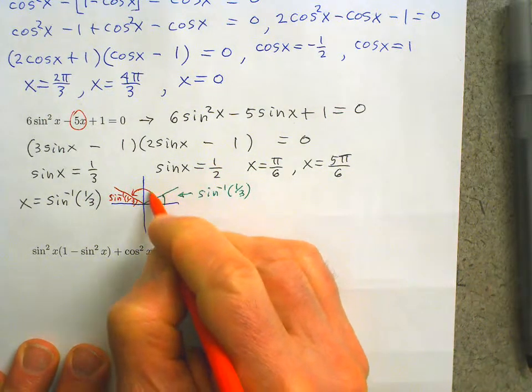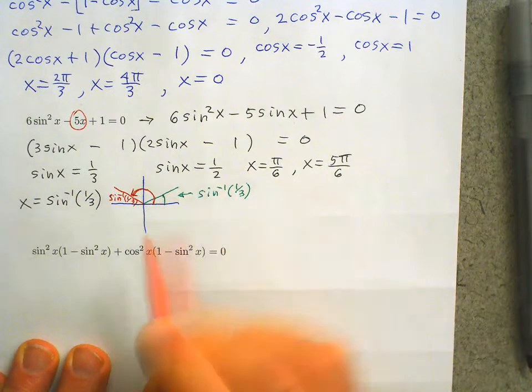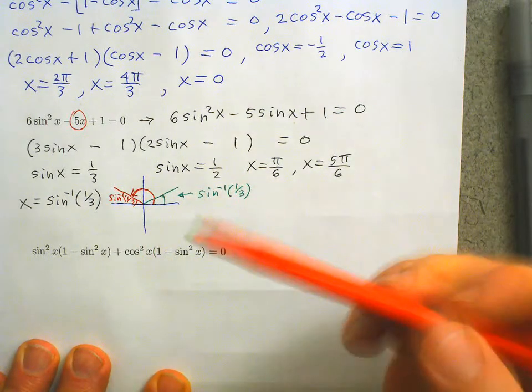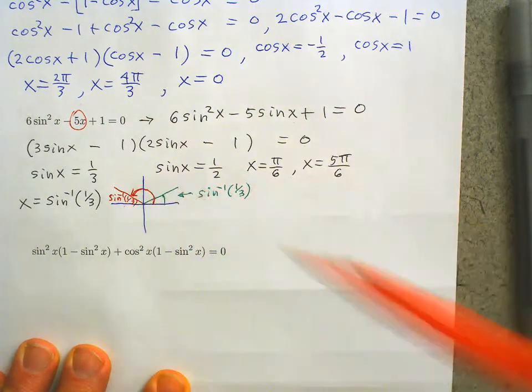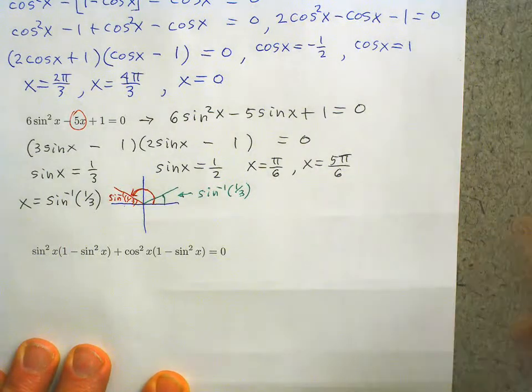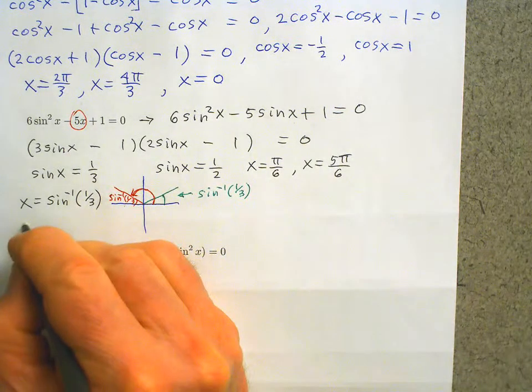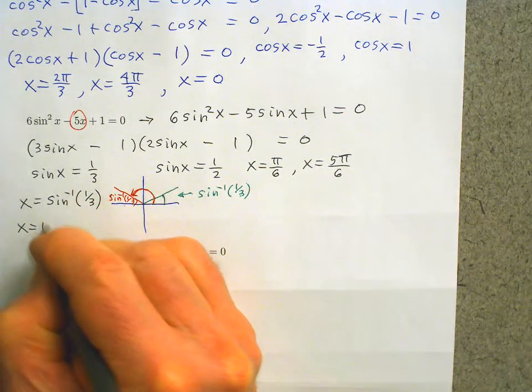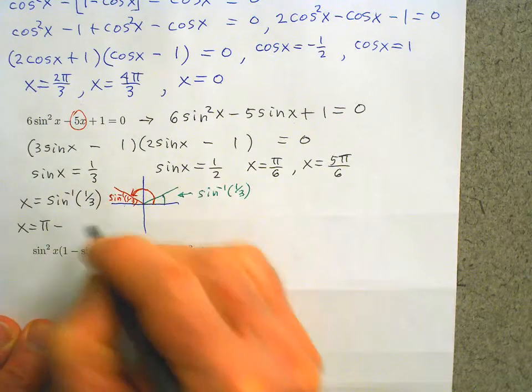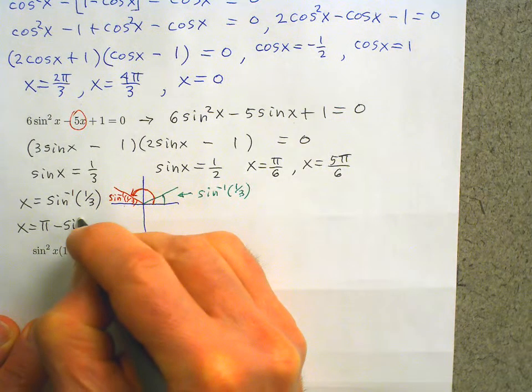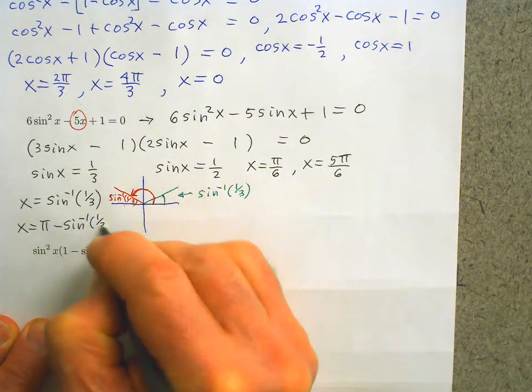So this angle is just pi minus the reference angle. So in other words, the other solution is x equals pi minus the inverse sine of 1/3.